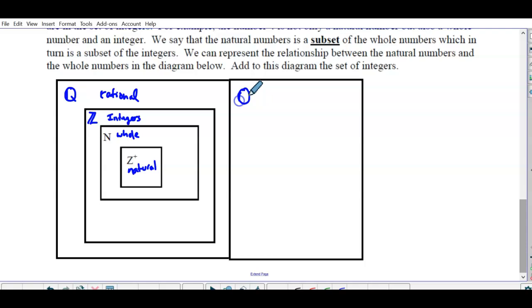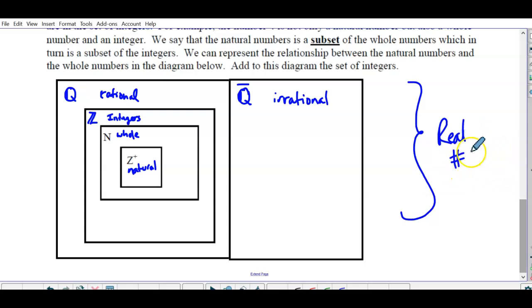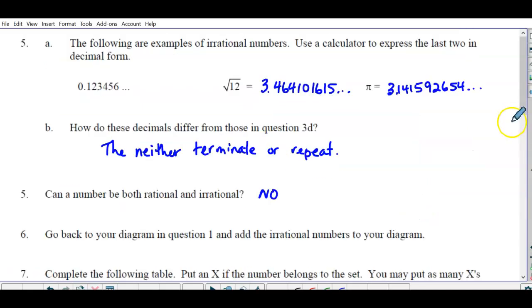So that's Q with a bar. Sometimes it is a prime, but we'll use a bar, and that's irrational. So it's separate from rational. Rational and irrational, and all of these together, this whole thing, is the real number system. All the real numbers.